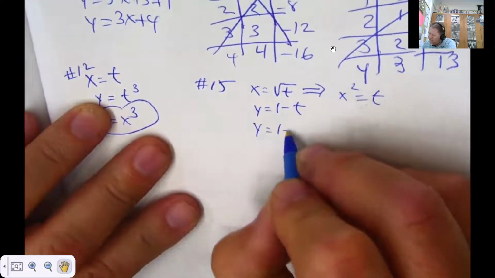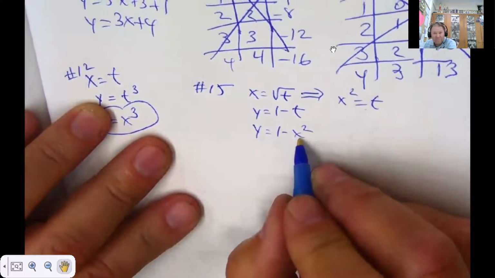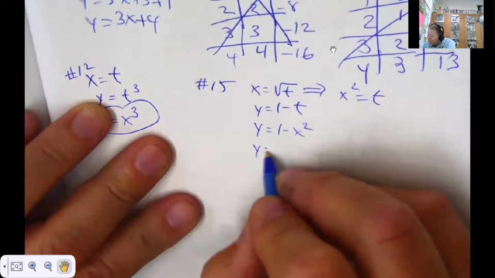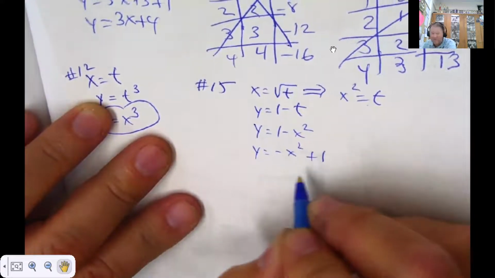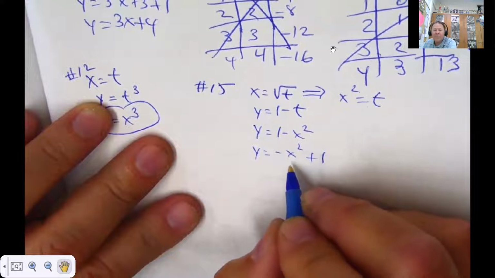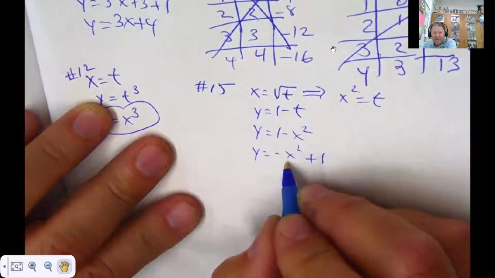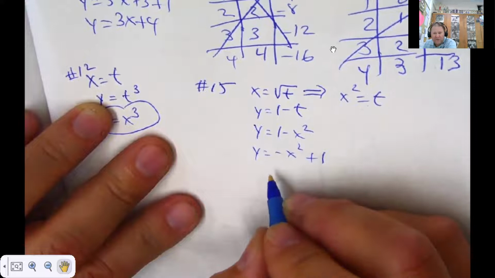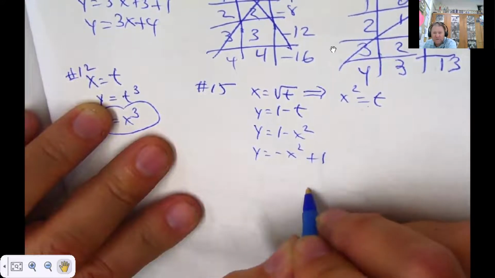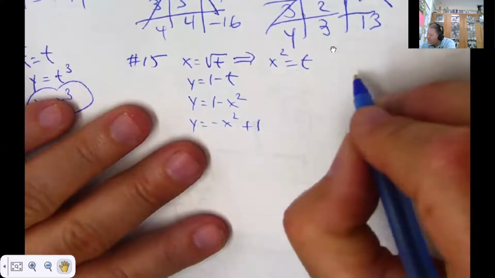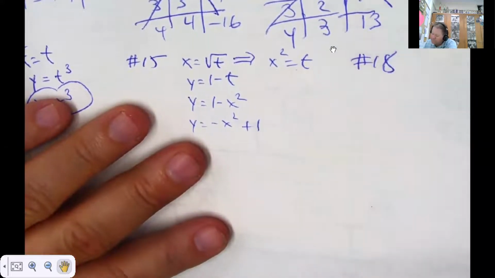So y equals 1 minus x squared. That's a parabola. Here I could write it this way, right? Negative x squared plus 1. If I had to graph it, it's a parabola whose vertex is at (0, 1), and it goes down. But anyway, hopefully it's not too hard to graph at this point in the game.